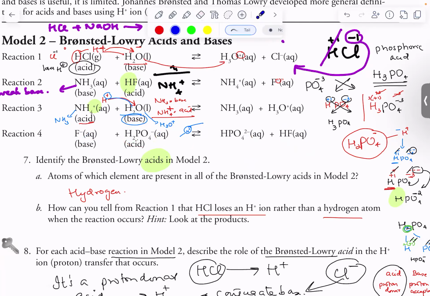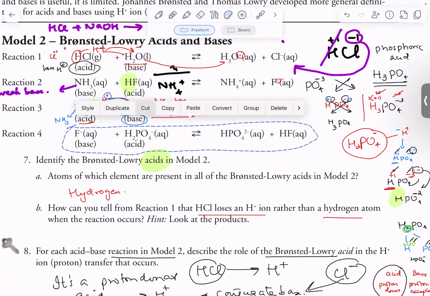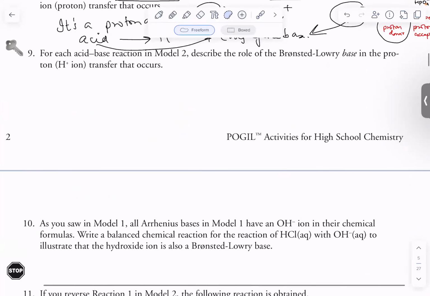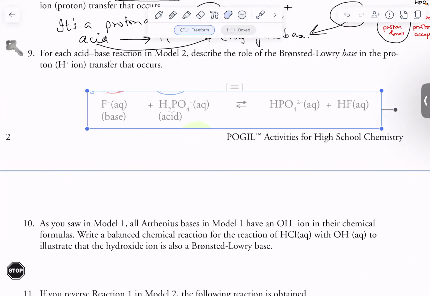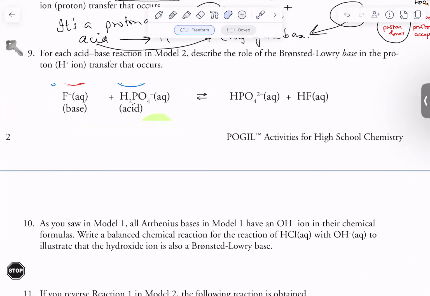Let me pick this. Perfect. Now there is an example in front of you. So this is a Bronsted-Lowry base. You know that this is a base, yes? And this is an acid.